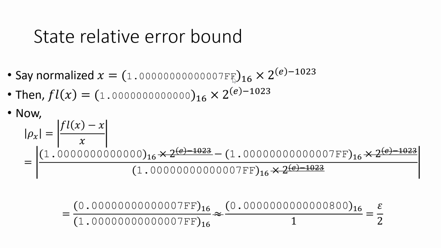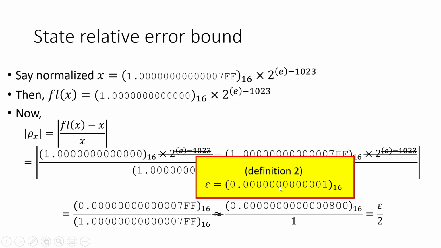Had I put 800 here to begin with, that would have rounded it up and changed to a 1. But that's why I kept it at 7ff, but it's pretty close to that. And when I bring in the definition of epsilon, remember epsilon has a 1 in that last nibble. Remember, this is hex here.